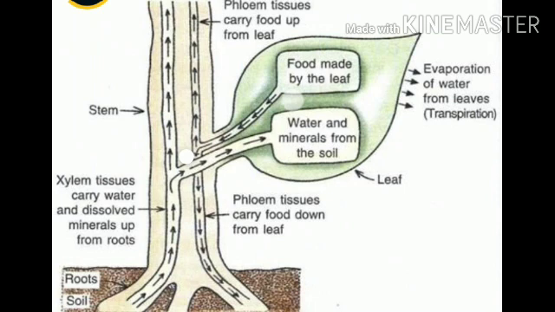Sometimes the xylem also takes extra water along with it that is not needed. We have read this in the primary classes also. In that case, the extra water goes out in the form of water droplets or in gaseous form.